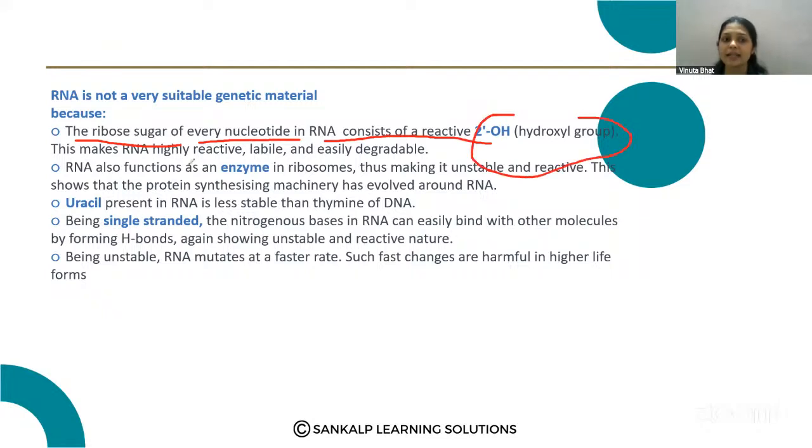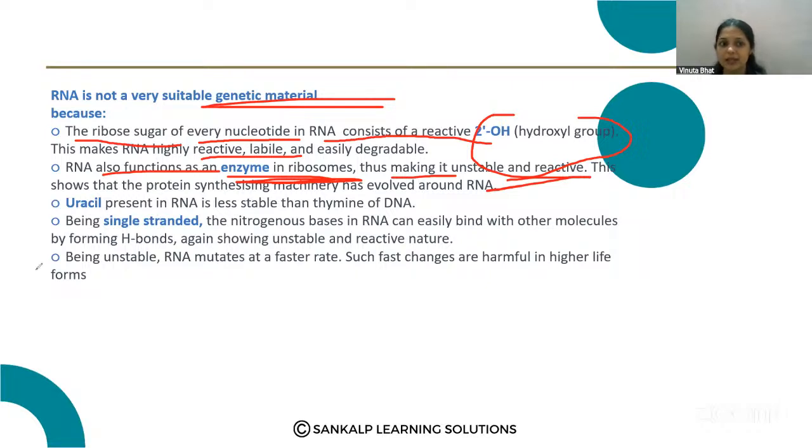This makes RNA highly reactive and easily degradable. RNA also functions as an enzyme in ribosomes, making it unstable and reactive. So it is not suitable as genetic material for every organism.